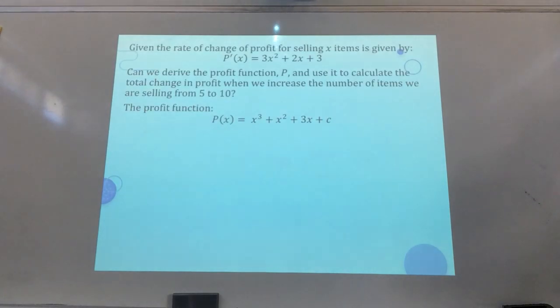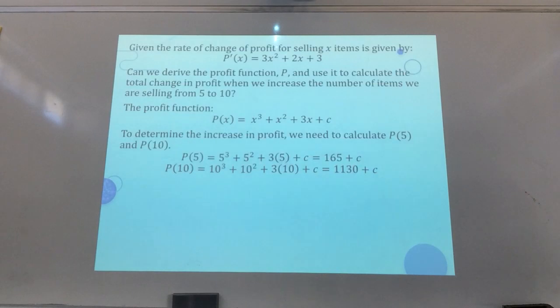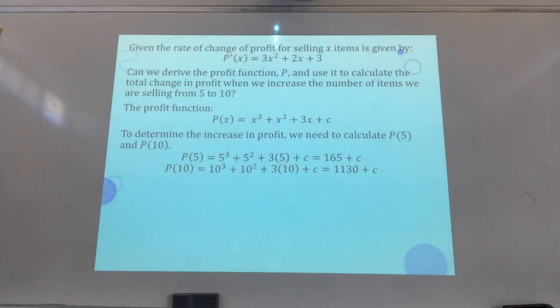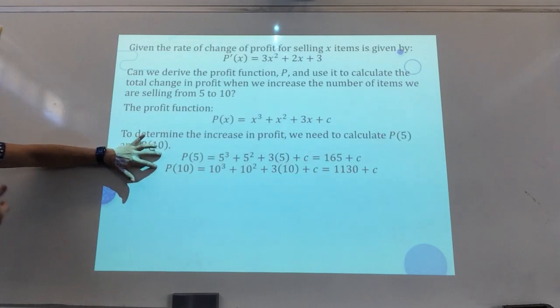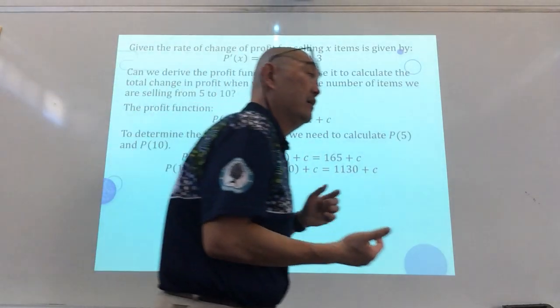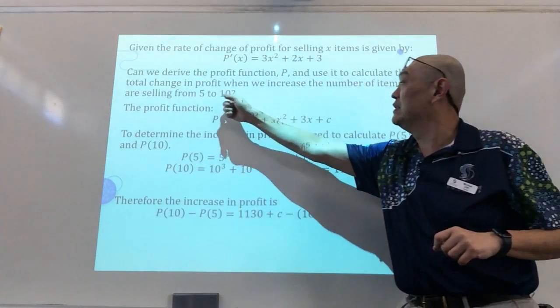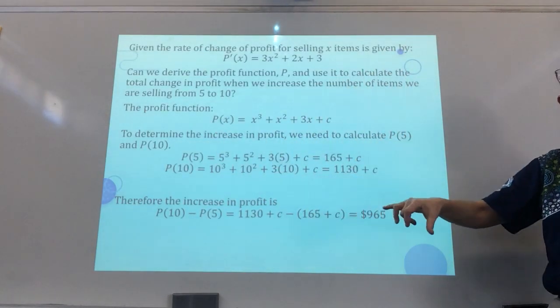If we want the increase in profit, we need to find the profit when we sell 5 items, and then look at P(10) when we sell 10 items. So we work out the profit change, which is P(10) minus P(5), because when we increase the number of items from 5 to 10, we just want to know the increase.